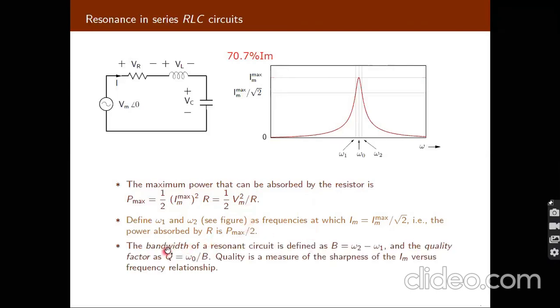Next, the bandwidth of the resonant circuit is defined as beta, or BW, equal to omega 2 minus omega 1, or F2 minus F1, and the quality factor is equal to omega naught by beta. So these are the relations based on these half power frequencies, F1 and F2. Mainly we are going to find these equations first. Then after that we are going to see bandwidth as well as the Q factor, quality factor.